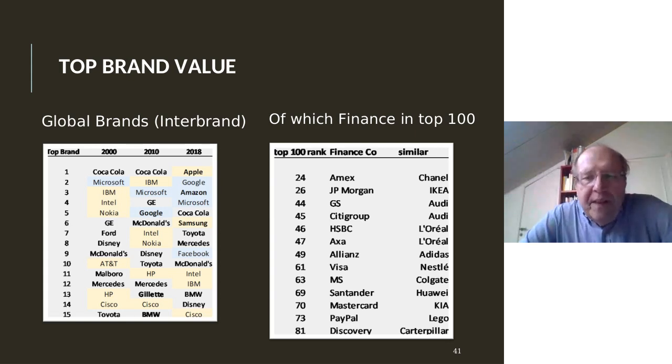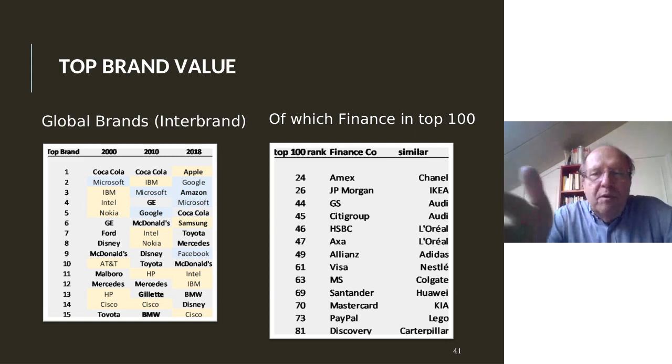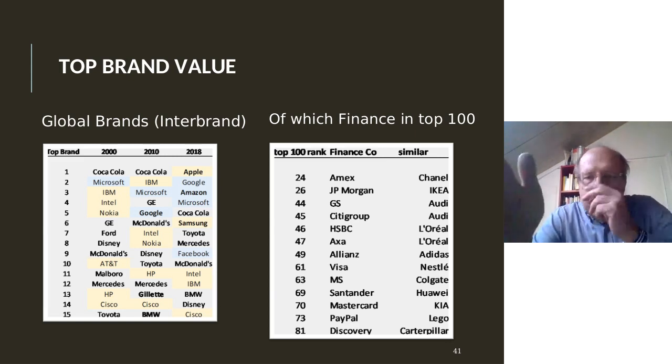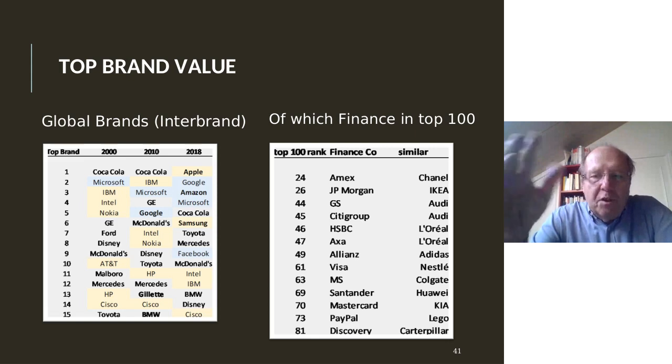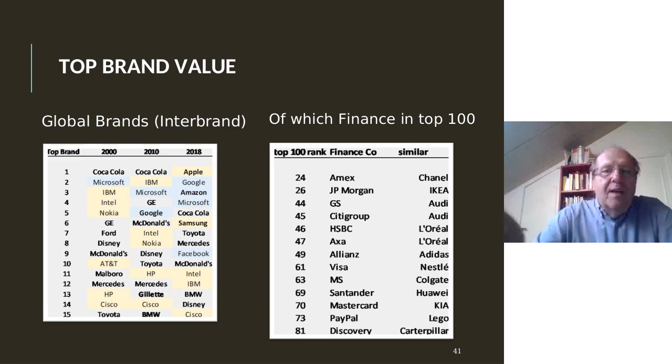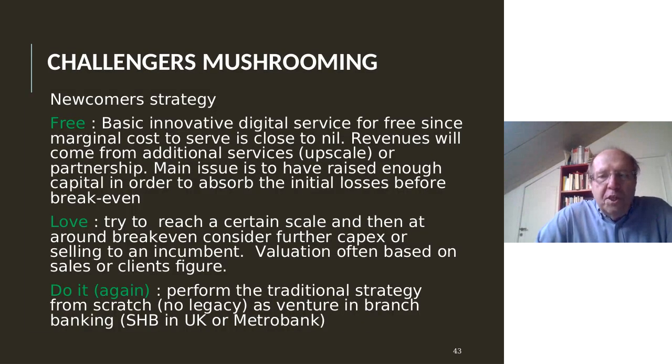And then you have the equivalent for each bank, and you can see that HSBC, like AXA, has a brand market capitalization equivalent to L'Oréal. So it's puzzling to see the low positioning of banks there.